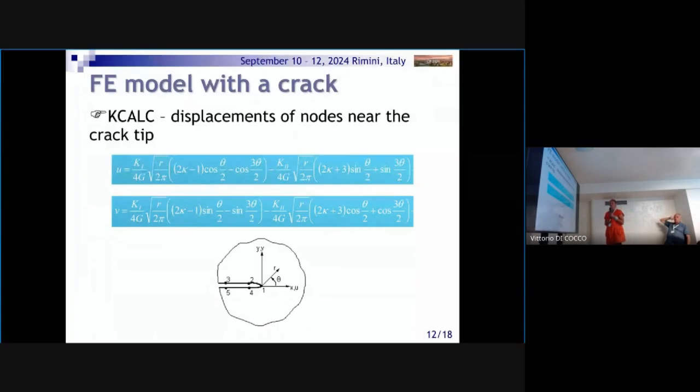So we have to define 5 exact nodes, which are parts of the first element at the crack tip. We define their polar coordinates, and together with their displacements, ANSYS enables to calculate K1 and K2.